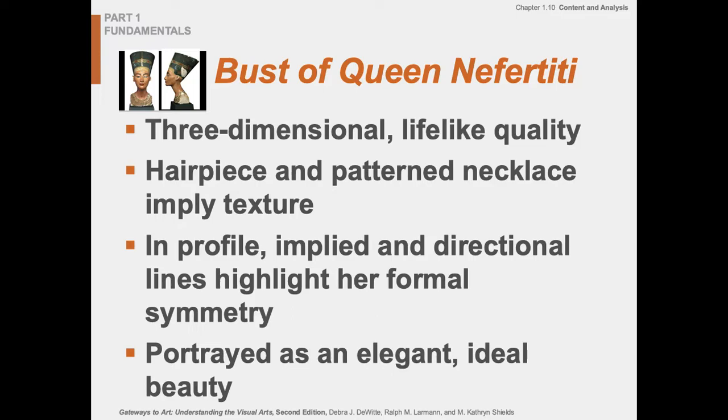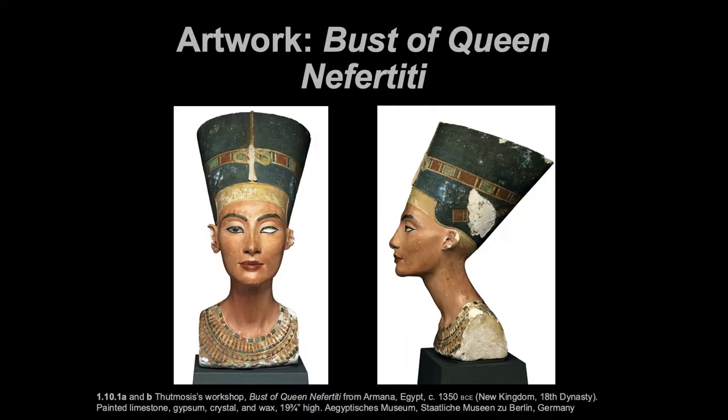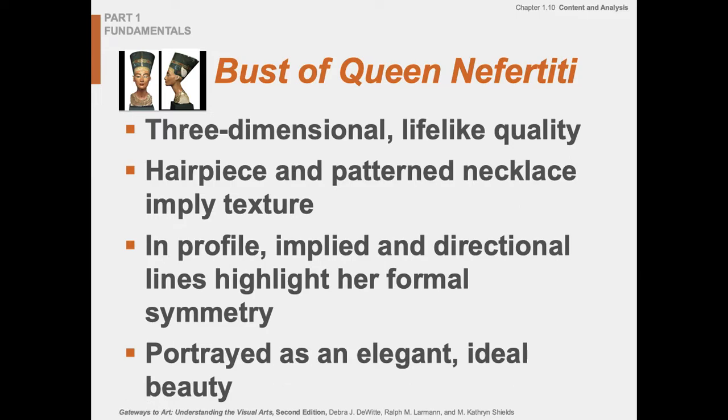Her hairpiece, pattern necklace, they imply texture, although it is flatter. It does really look textured, but it is paint. So it's implied texture. Just remember, when you're talking about texture in a two-dimensional or even a three-dimensional piece, you want to make sure you're talking about implied or actual. Like actual textures like fur or roughness, but this is actually quite smooth.